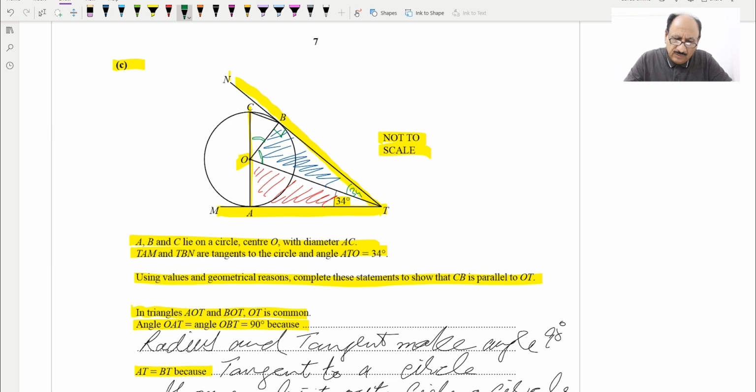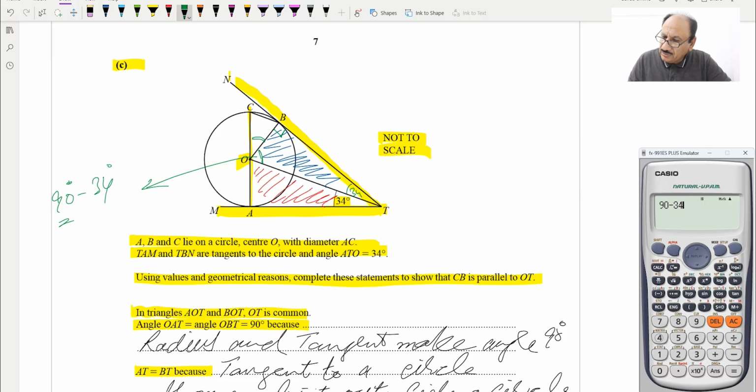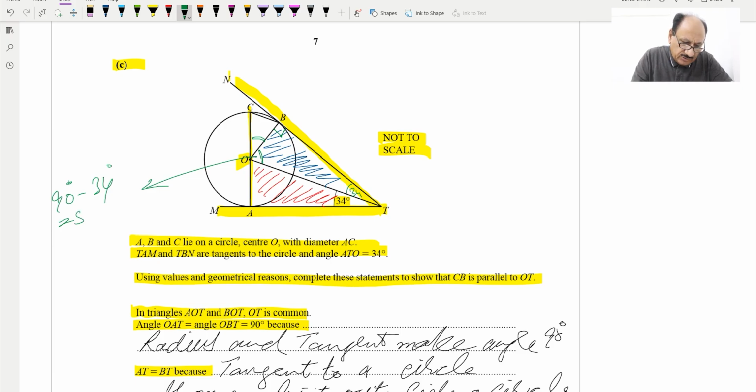It will be 90 minus 34, which is equal to 56.